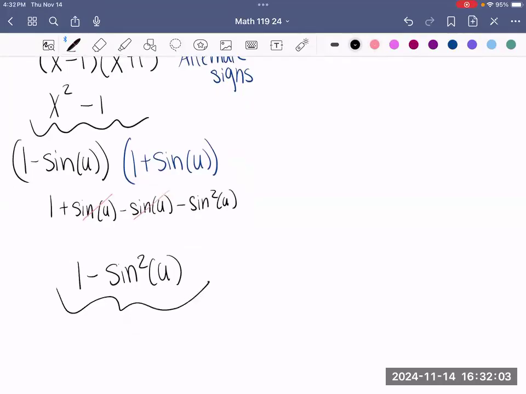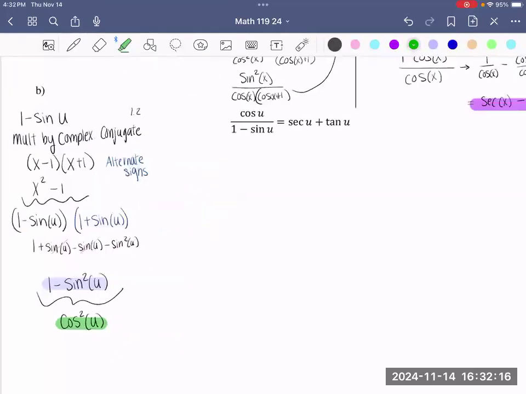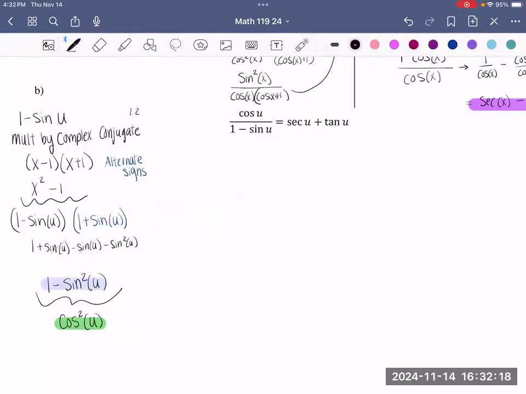All of this, now that we have your trig identity, is cosine squared of u. So this whole thing on that one side could be equal to cosine of u if we multiply the denominator by 1 plus sine. And what you do to the denominator, you do to the numerator.